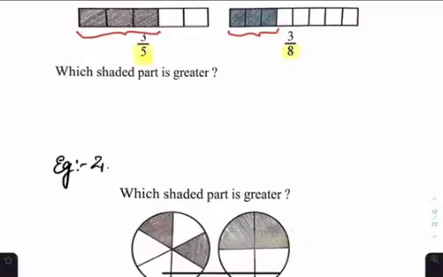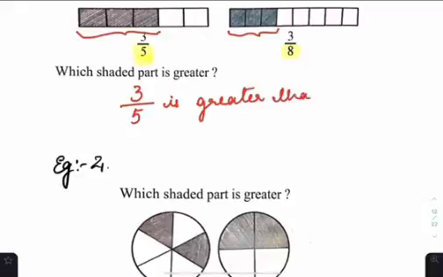Hence, 3 by 5 is greater than 3 by 8 because of the rule we have understood. 3 by 5, 5 is of lesser value, correct? So, the smaller the denominator, greater is the fractional value. Whereas 8 is bigger than 5. So, the rule goes like this: greater the denominator, smaller the value of the fractional number. Hence, 3 by 5 is greater than 3 by 8. Did you all get it, children?